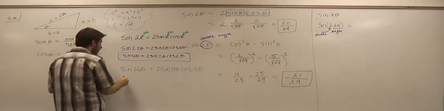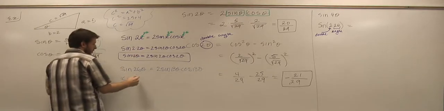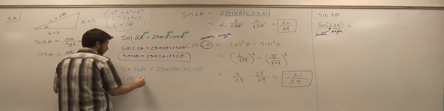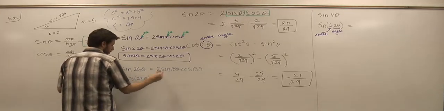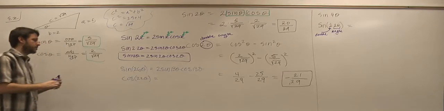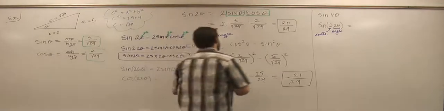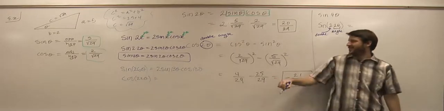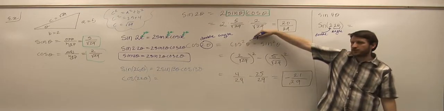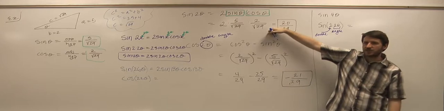So then what would cos of, I don't know, 22 theta equal? Change it to cosine. This is the formula for cos 2 theta, right? Cos squared minus sine squared.